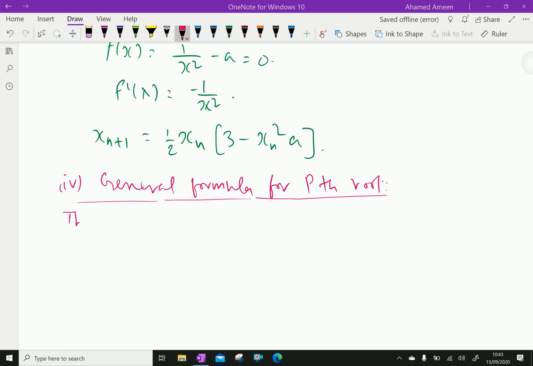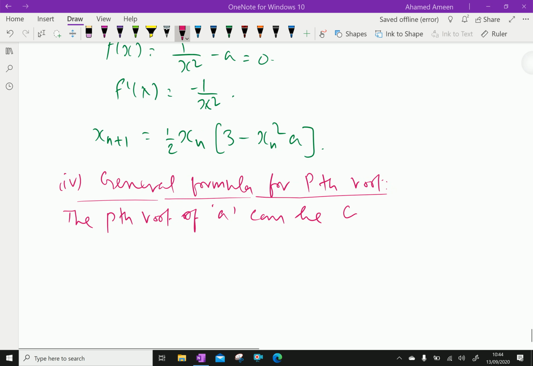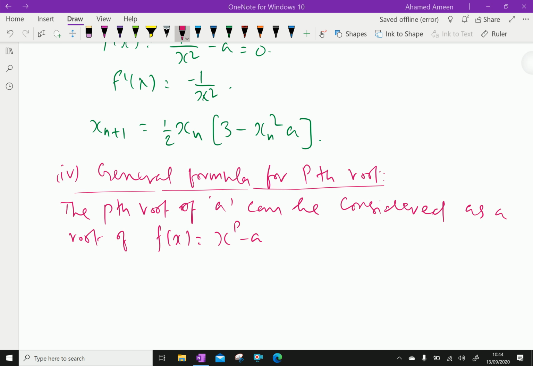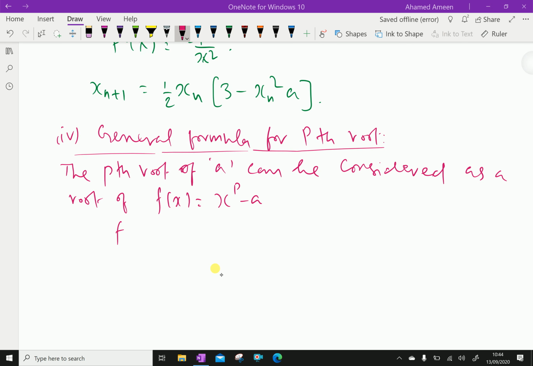The pth root of a number a can be considered as a root of the equation f of x equal x power p minus a. From that you can find f dash of x equal p x power p minus 1.